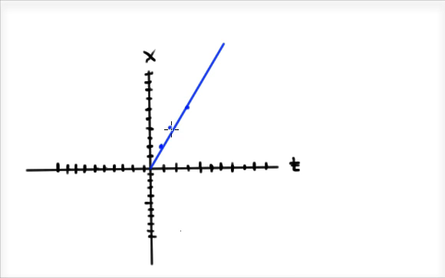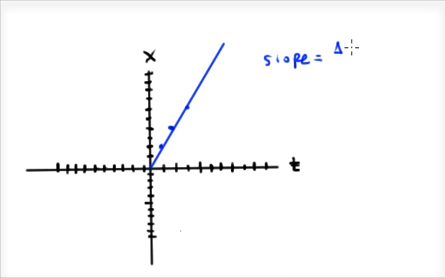And the cool thing is, if you just saw what I did, for every second go up 2 meters. So I can have a constant velocity. If we think about what slope means, slope is rise over run, right? So it's the change in whatever's up here divided by the change in whatever you have here.